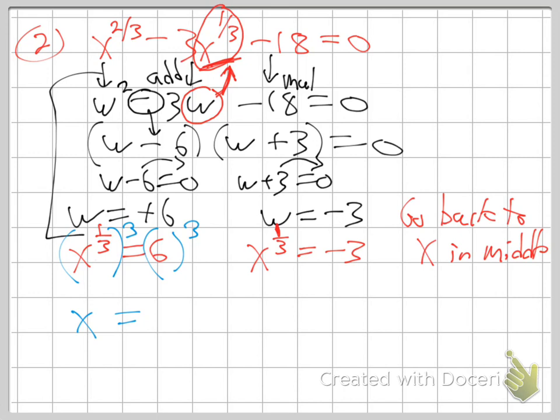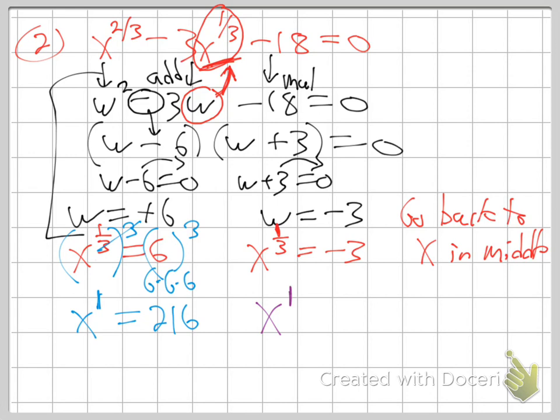Right? Because what's 1/3 times 3? These just cancel, don't they? That just makes X to the 1, which is just normal X, isn't it? What's the other side? Well, whatever your calculator says it is. It's 6 times 6 times 6. 216, isn't it? All right, and then over here, same kind of thing. I want regular X, which means X to the 1.